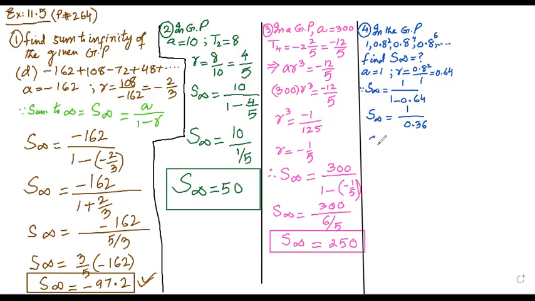So this will become equal to finally 25 upon 9, or 2 whole numbers 7 upon 9.